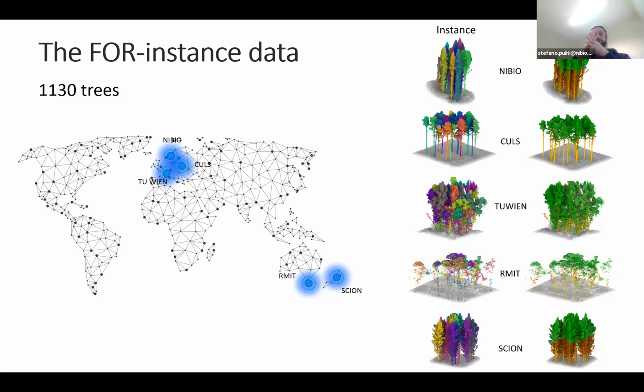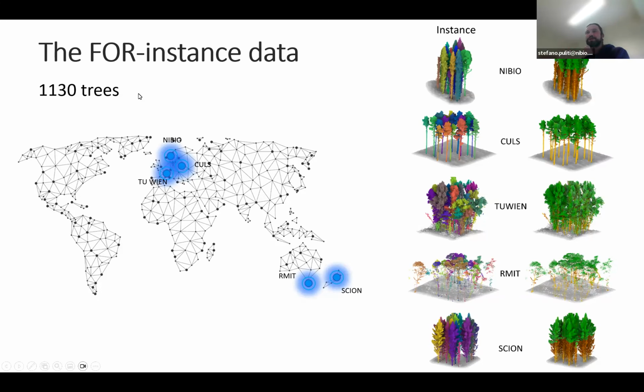In this case, we're talking about trees that very often have crowns that are intertwined. And so even from a machine learning perspective, this brings it to the extreme of complexity in terms of trying to split these trees apart.